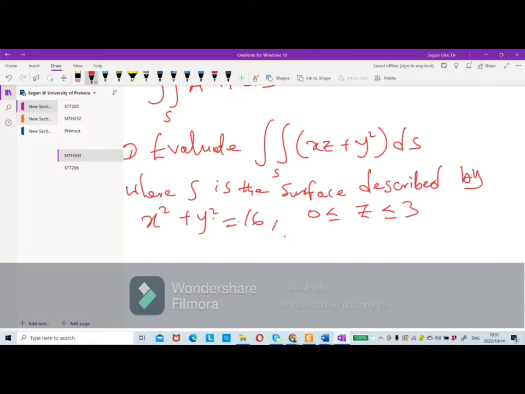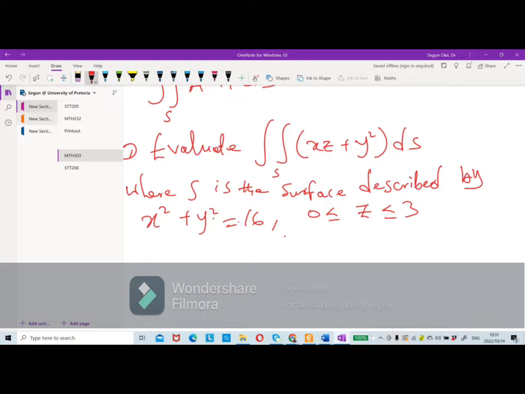Also, sir, I think we can parameterize a circle from the given equation. So our x will be 4 cos theta and y will be 4 sin theta. So I think the z will represent the third side of the surface, sir.